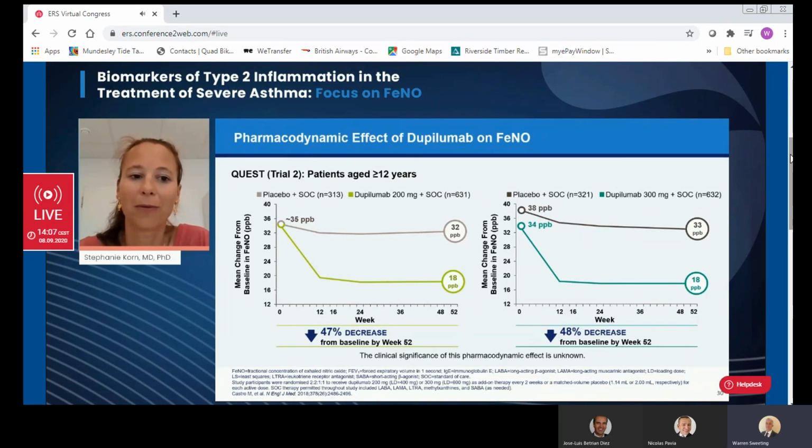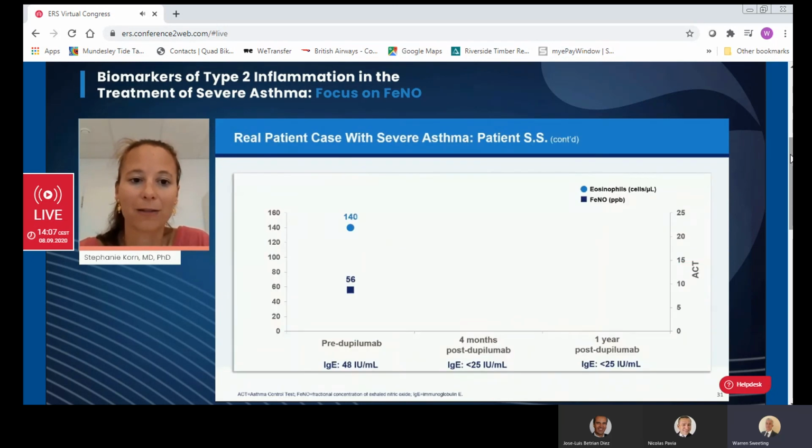You can see there's really no effect when treating the patient with placebo, but a marked decrease in FeNO when treating with dupilumab. So this is proof of concept, so the drug works. And we see a decrease of nearly 50% in FeNO. And of course, we were quite excited if this would happen to our patients as well. So now let me switch back to the patient that I just introduced.